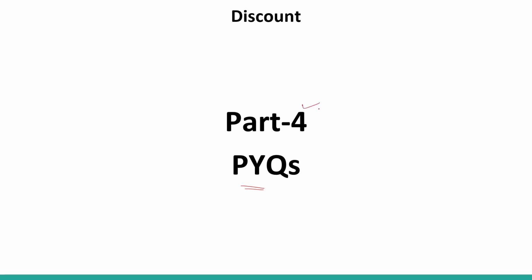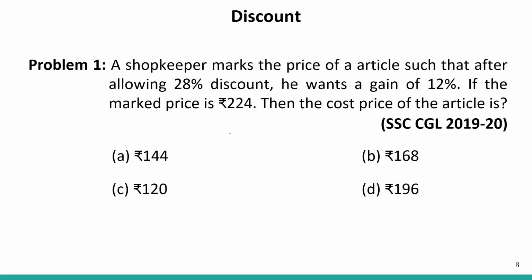So this is the fourth lecture in the lecture series on discount. Let's see problem number 1. A shopkeeper marks the price of an article such that after allowing 28% discount, he wants a gain of 12%. If the marked price is 224, then the cost price of the article is what? This question was asked in the SSC CGL 2019-20 paper. The marked price is this much and he is allowing 28% discount.